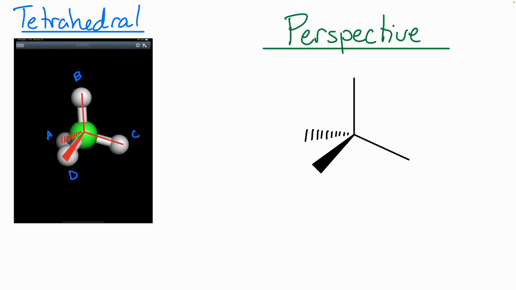Okay, we got 2 more, because again, we're going through all of our different electron geometries. All right, we have our trigonal bipyramidal. And then the one with 6 electron regions, what do we call that one?